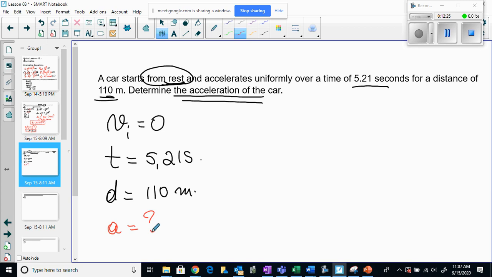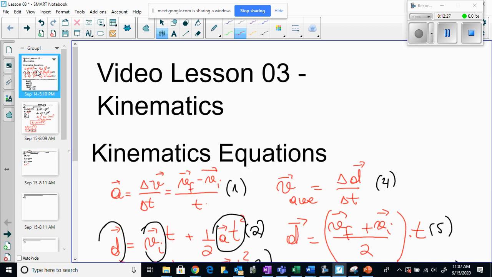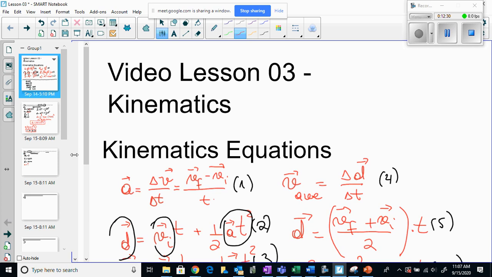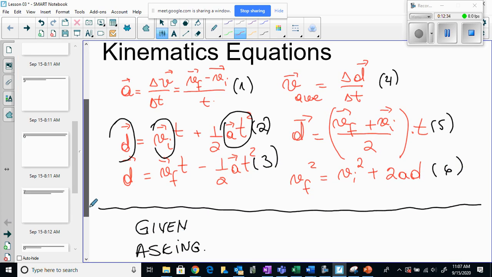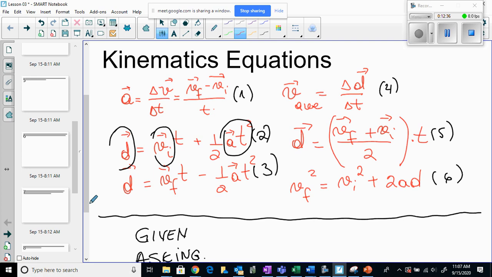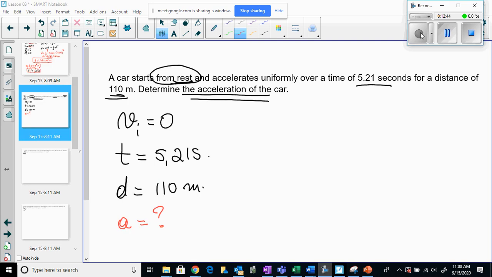Let's go back to the same slide where we had all the kinematics equations. Which kinematics equation will we use? 1, 2, 3, 4, 5, or 6? It is 2, because we have the initial velocity, time, and displacement, and we're looking for acceleration.